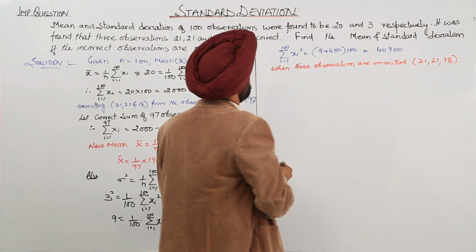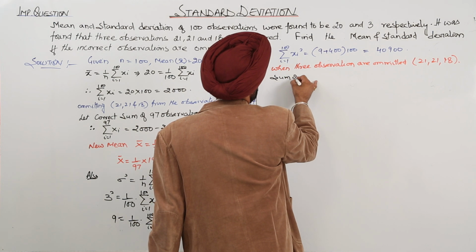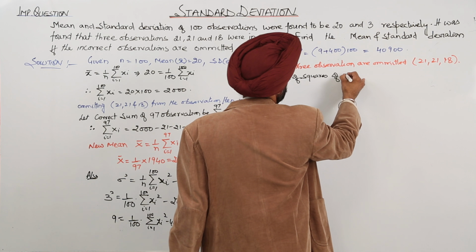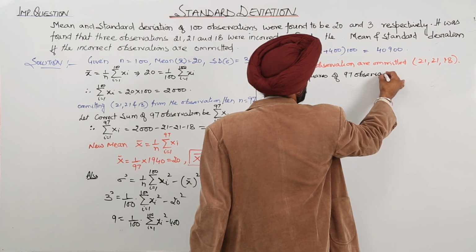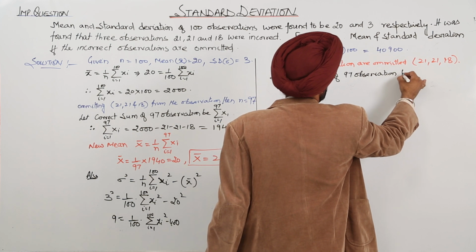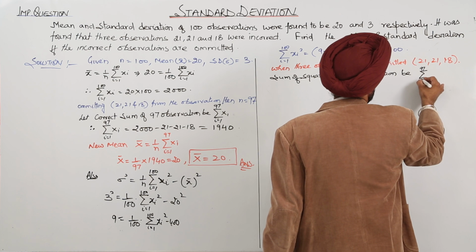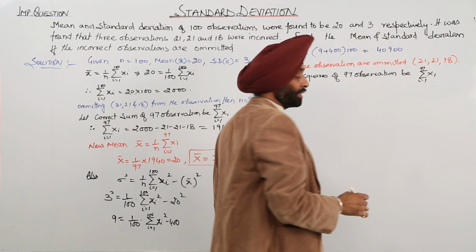So let the sum of squares of the 97 observations be capital X. Okay, I am denoting it with capital X.